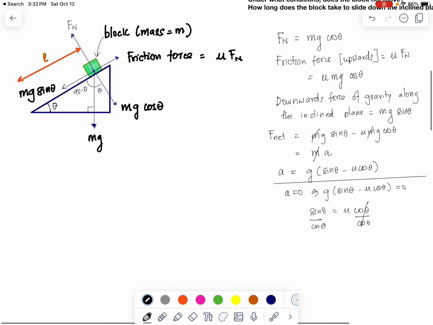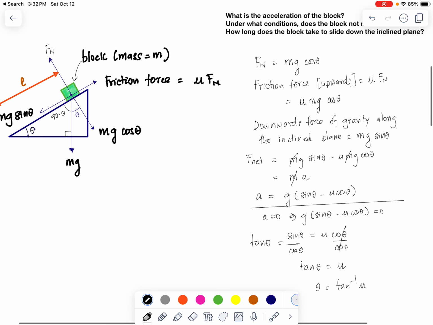So we get this condition that sine theta divided by cosine theta equals tan theta, and tan theta equals mu, and theta equals tan inverse mu. Under the condition that there is a friction coefficient of value mu, and theta is related to that by tan inverse mu, if this condition is satisfied, then the block will not slide down the inclined plane.